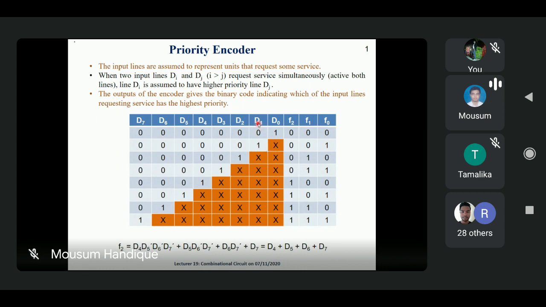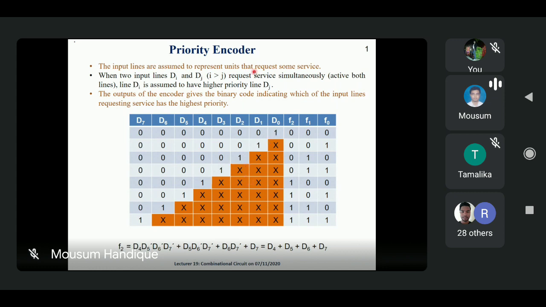I'm just saying normally how the encoder actually works. So when D1 is 1, the binary sequence of outputs is in this particular form, that means 001. When D1 is active, the output is 001. When all the outputs are 0, D0 is active. This way we are going.